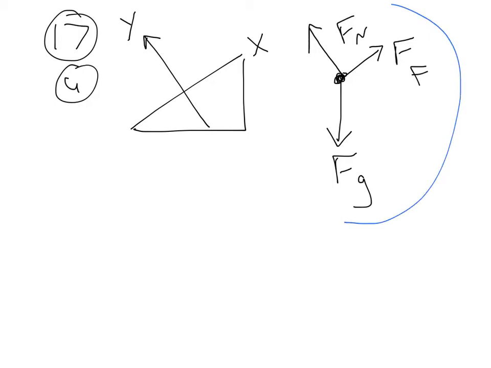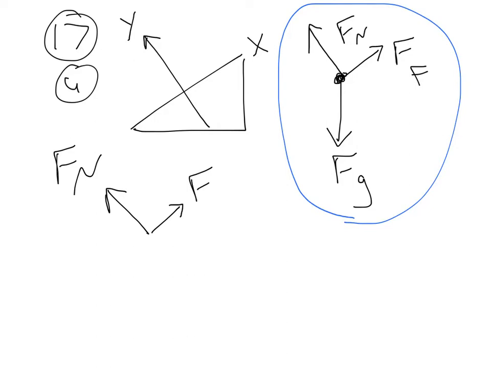The free body diagram should only include forces that are real forces. However, to solve the problem, you'll need to break the force of gravity into its x and y components on this new tilted scale. So in our new system, the normal force is out of the hill, the friction force is up the hill, and gravity will be broken into two pieces.